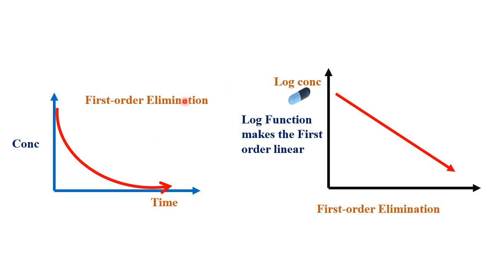See, converting an exponential graph, this is the first order elimination, to a linear graph, this is the linear graph, is a useful technique in pharmacology, as it allows pharmacologists to analyze the pharmacokinetics of drugs more accurately and make more informed dosing decisions.